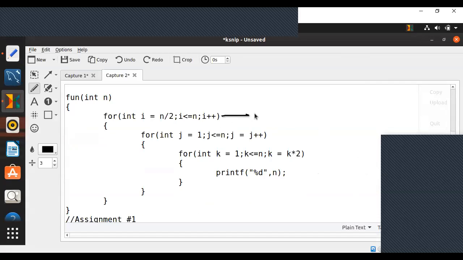So the first one will execute exactly how many times? N by 2 times. The second one will execute how many times? If you look at this code, it is pretty clear that the first one will execute n by 2 times. I hope that is clear. What about the second one? How many times will this execute?